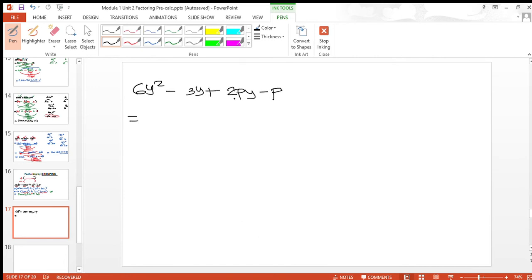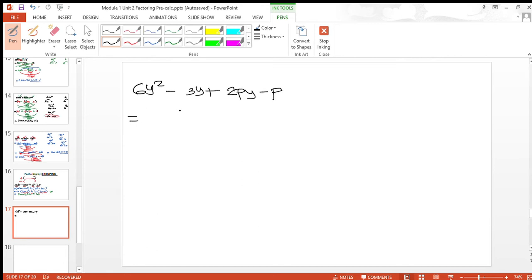For the first three terms, we find y, but in the last term, we don't have y. Therefore, y is not a common monomial factor. For the numerical coefficients, none. Okay, so common monomials will not work. Difference of two squares will not work. This is not a trinomial, therefore perfect square trinomial and trial and error will not work. So we have to introduce factoring by grouping.